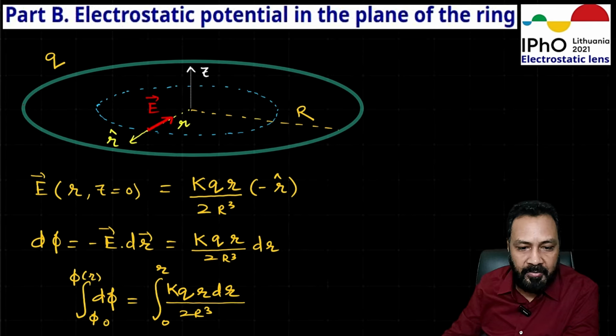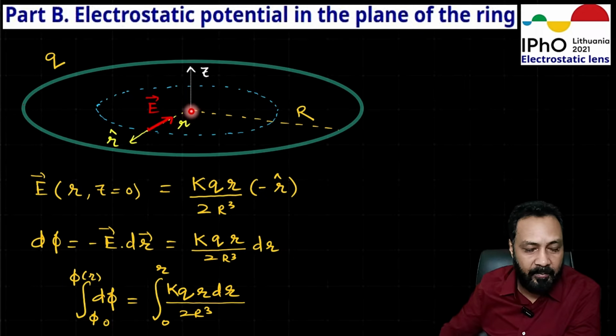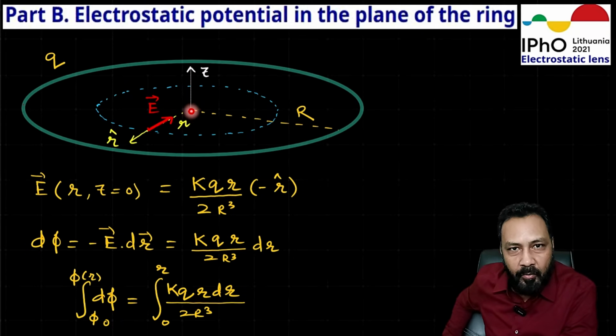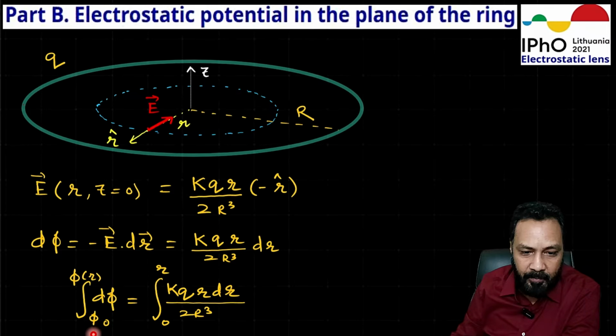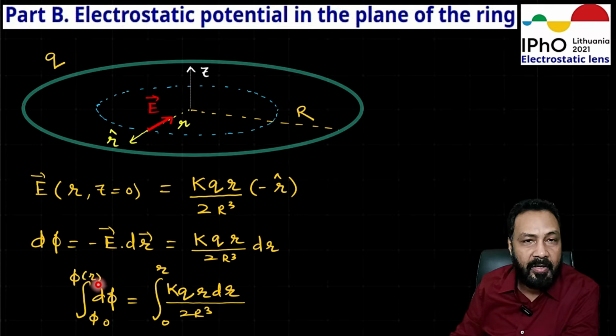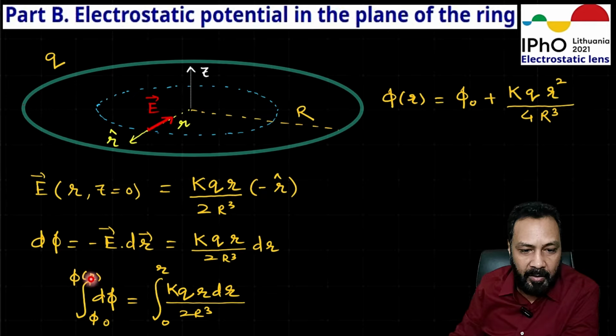If we integrate this from small r equal to 0, the potential there is phi naught, which is actually kq by capital R, and at r equal to small r, the potential is phi r. So integrating, we get phi r minus phi naught equal to kq small r square by 4r cube.